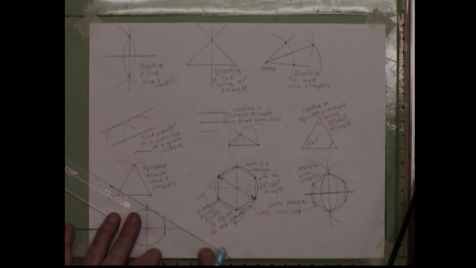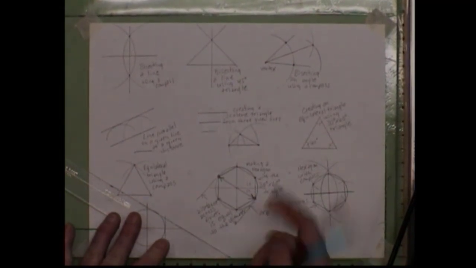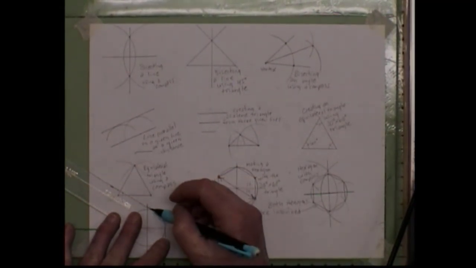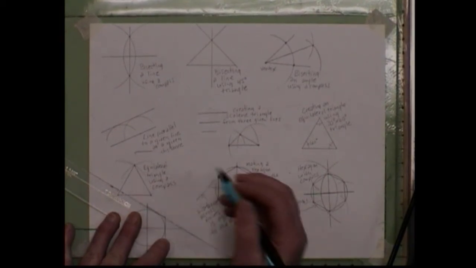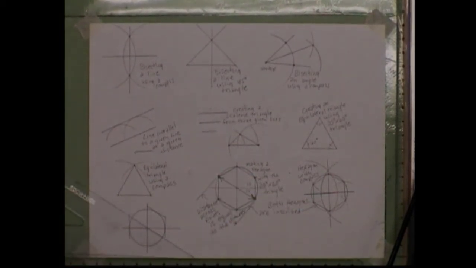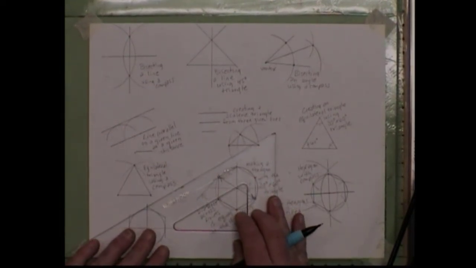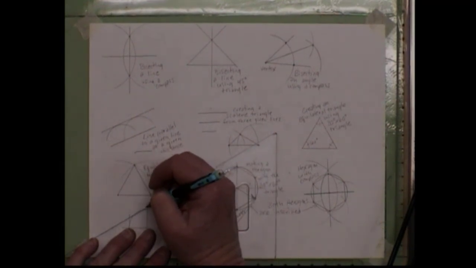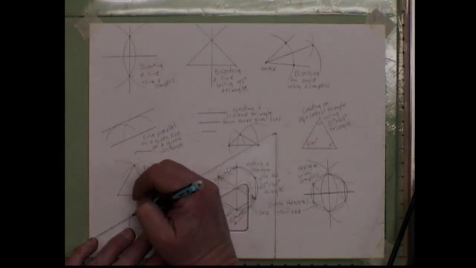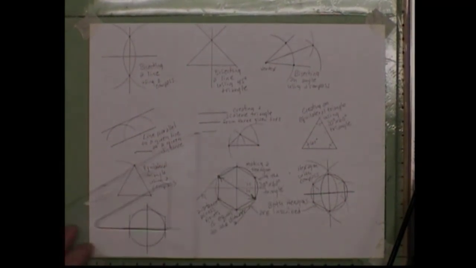I'm putting my 30-60 triangle flush against my straight edge, but I'm making it on the outside of the circle. Why am I showing you the difference here? What do you guys think? Why does it matter?